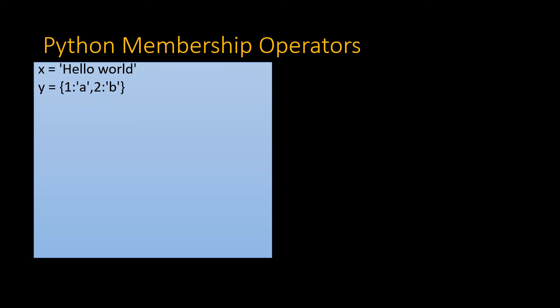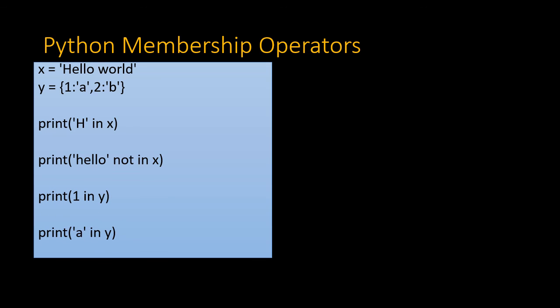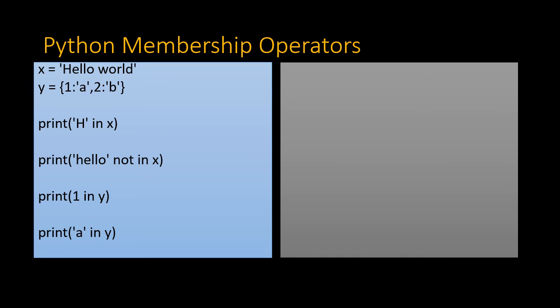See, the x value is Hello World, the y value is a dictionary with keys 1, 2 and values a, b. And we are checking print capital H in x, and hello not in x, and print 1 in y, and print a in y. Let's see. The first one, print H in x.